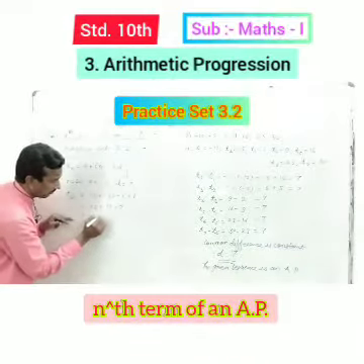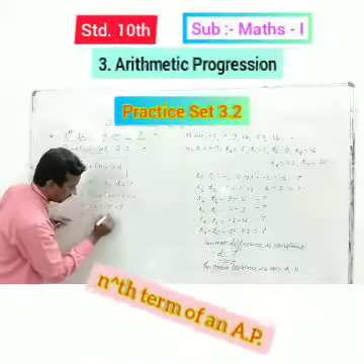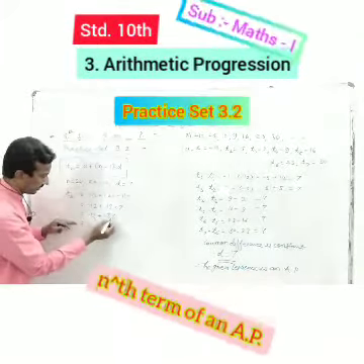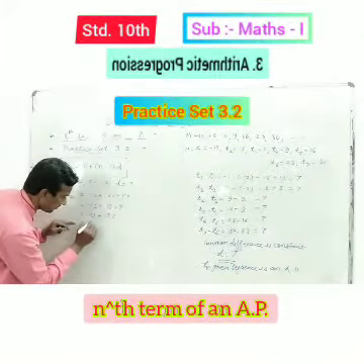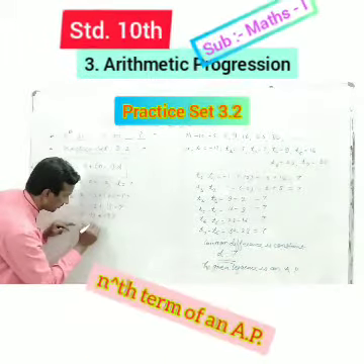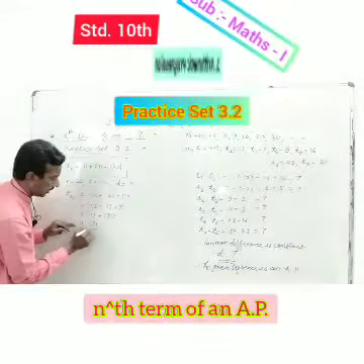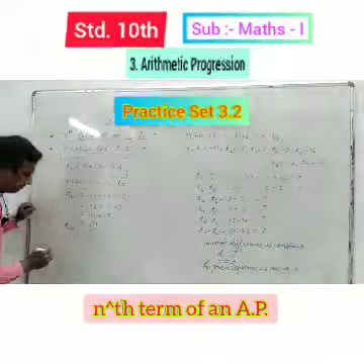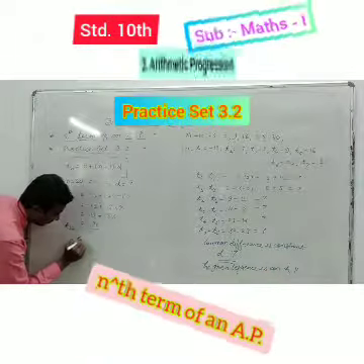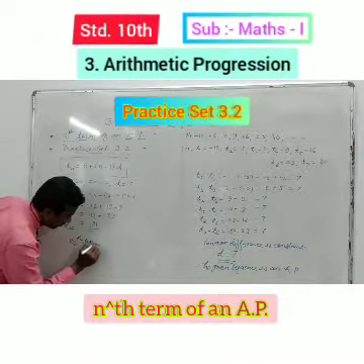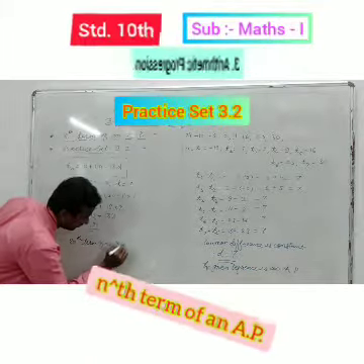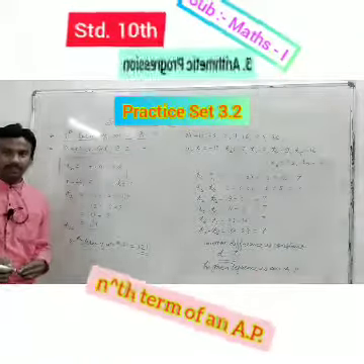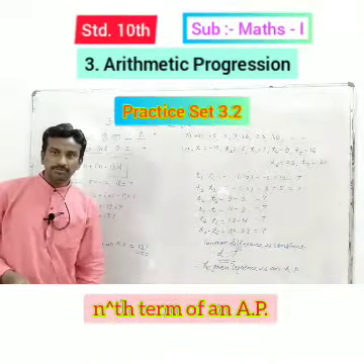That is minus 12 plus 19 into 7. 19 sevens are 133. Minus 12 plus 133 is 121. Therefore the 20th term of the AP is 121. Got it, all of you?